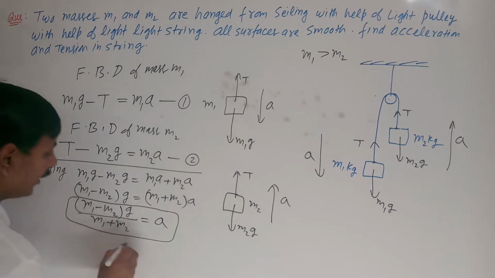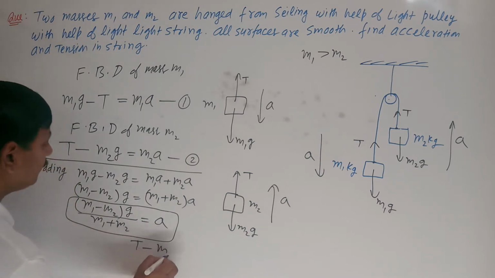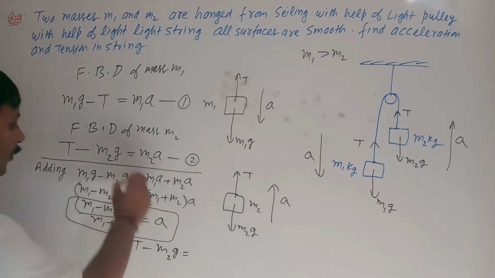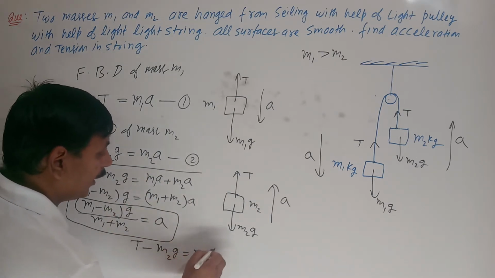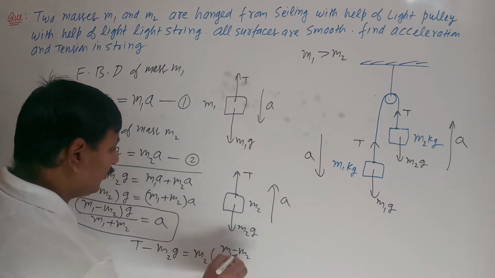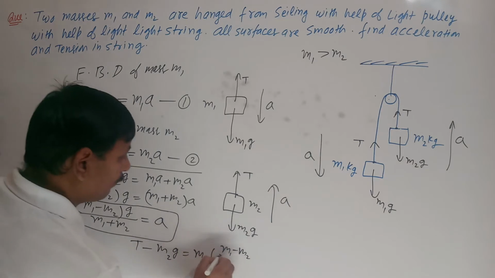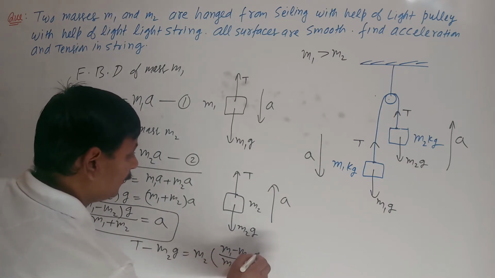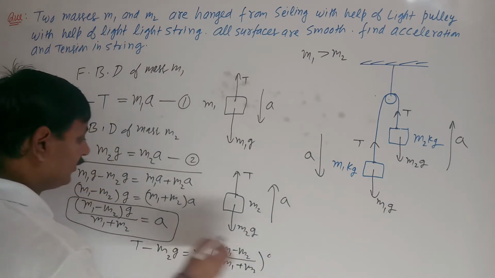If you are putting it here, T minus m2g is equal to what? m2a. A is what? (m1 minus m2) upon (m1 plus m2), that is g.